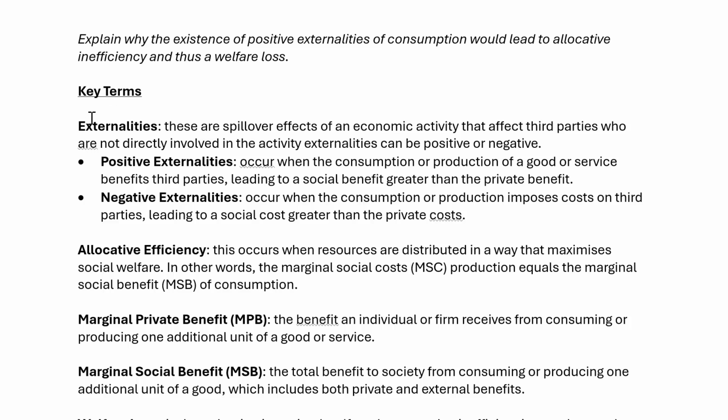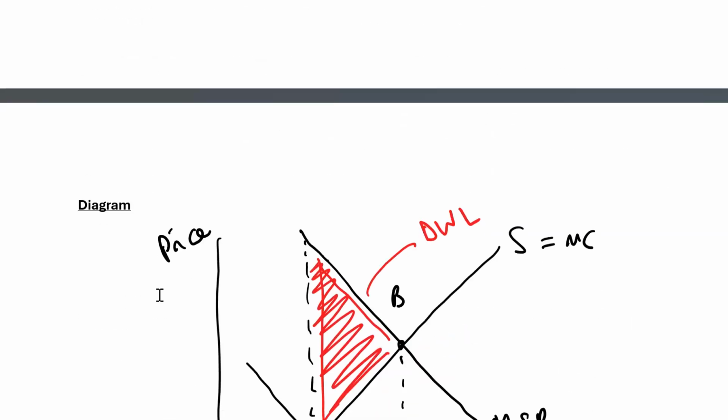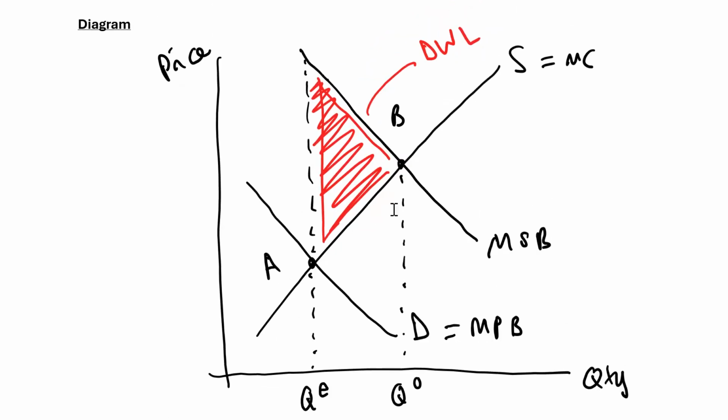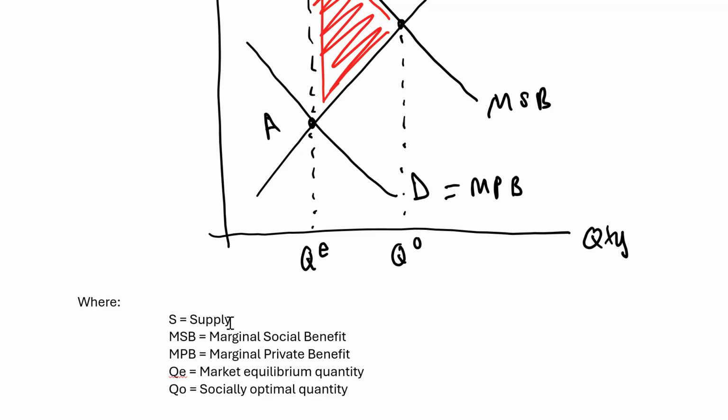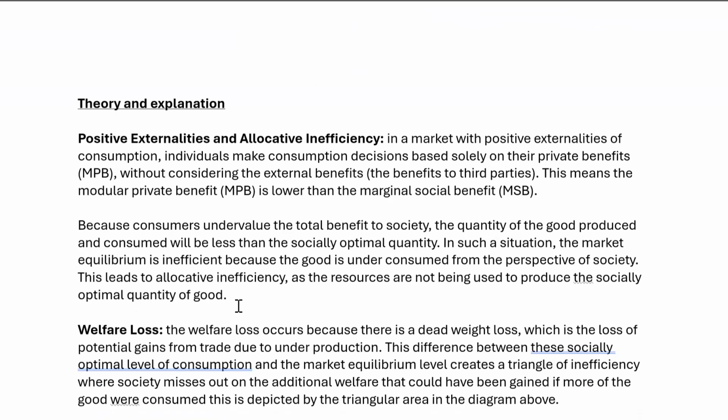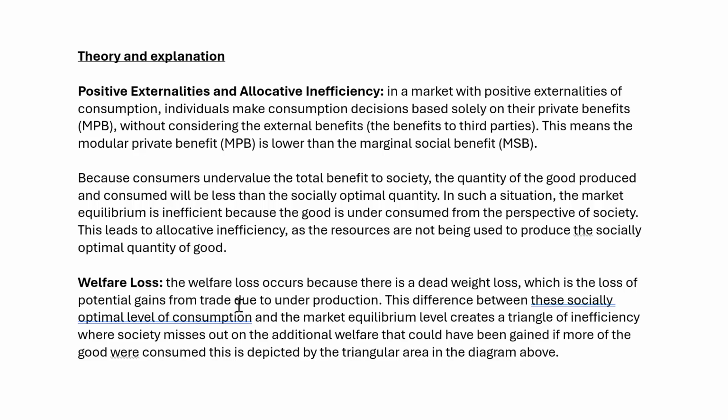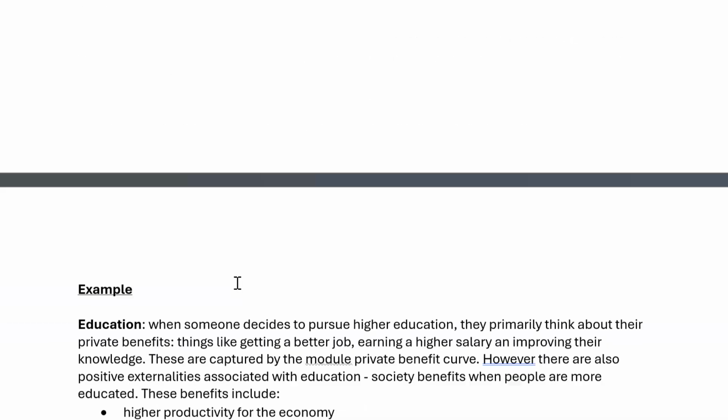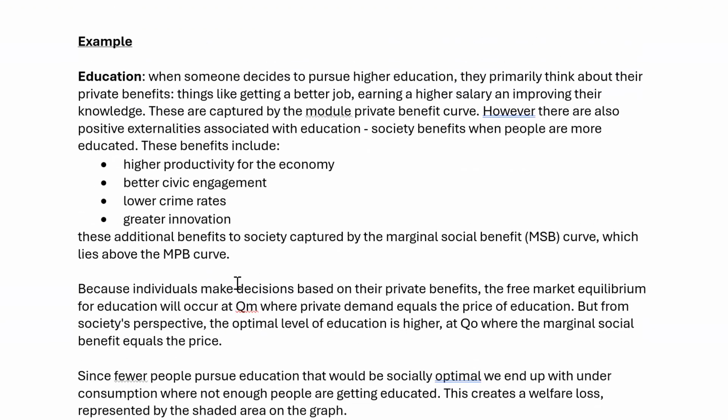We've defined all the important terms, things like externalities, allocative efficiency, etc. We've also included a diagram, which they often like to see as well, and you've got to make sure the diagram's properly labeled, with all the important bits indicated. Then we've got a section to explain the theory behind the concepts we were talking about. And lastly, we finished off with a real-world example.